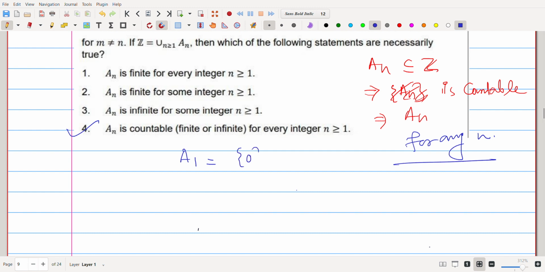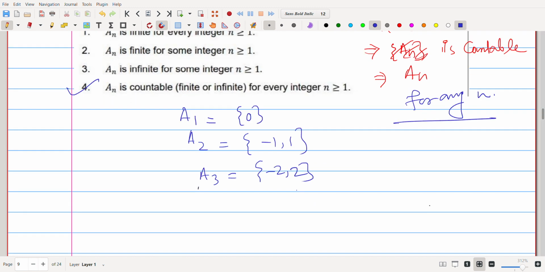Now say I am defining A1 to be {0}, A2 to be {minus 1, 1}, A3 to be {minus 2, 2}. In this way, An plus 1 to be {minus n, n}. Then An intersection Am is clearly empty by our definition.